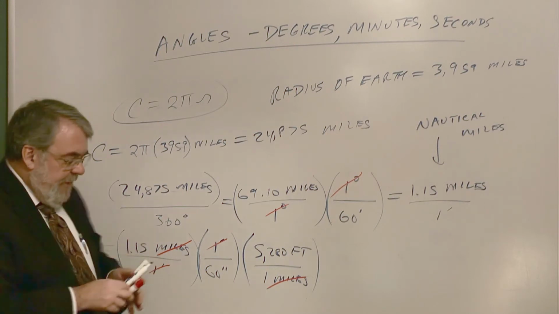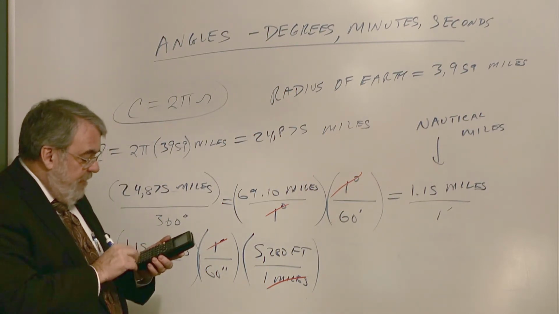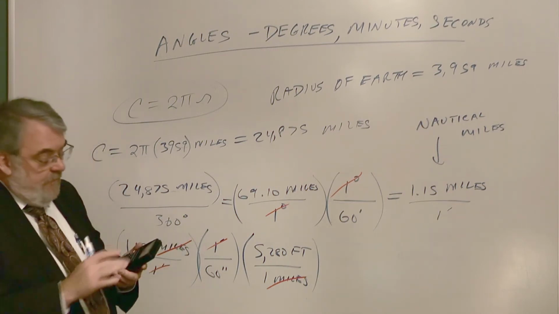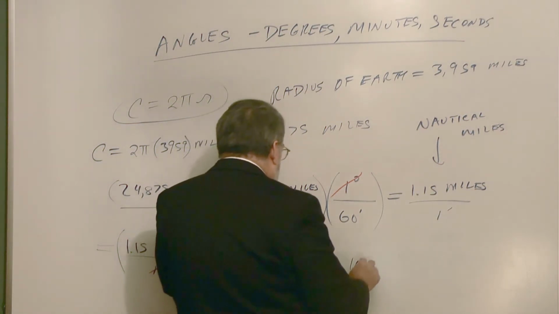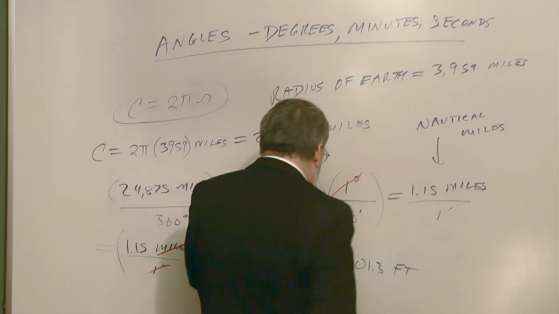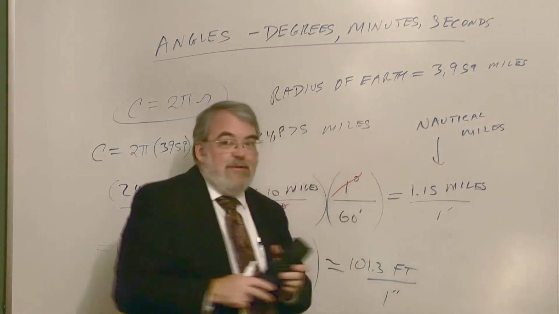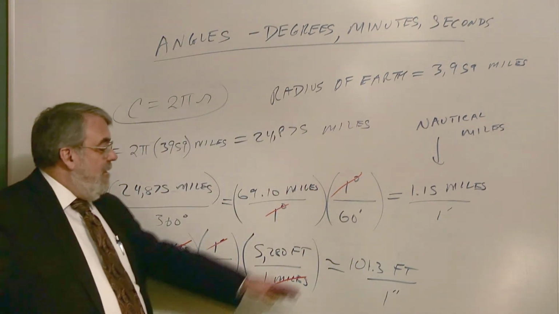Divide by 60, and then multiply by 5,280. You should get about 101 feet. So this is about 101.3 feet per second. Arc second.